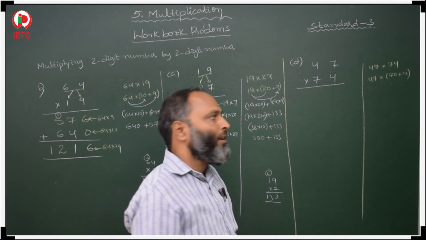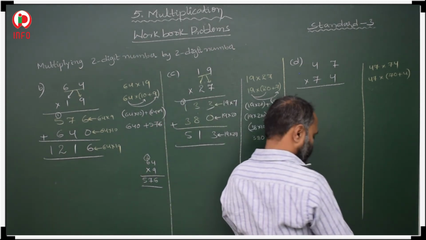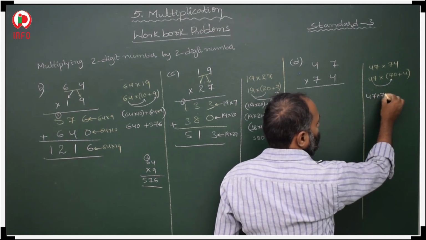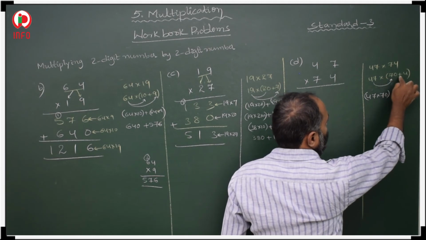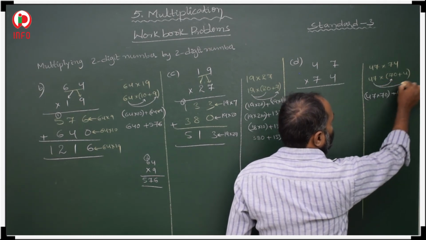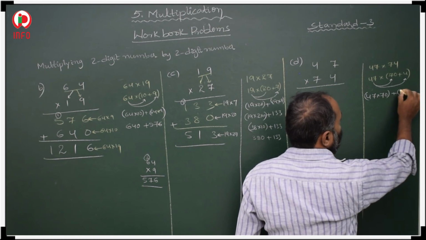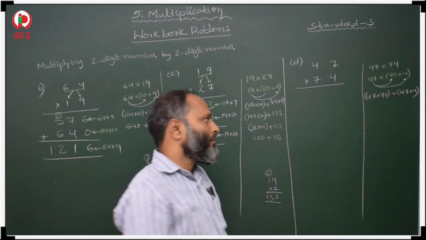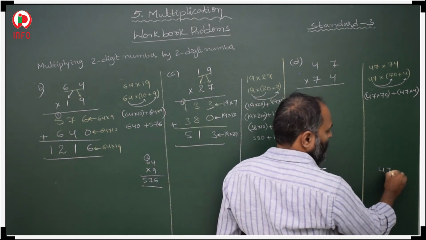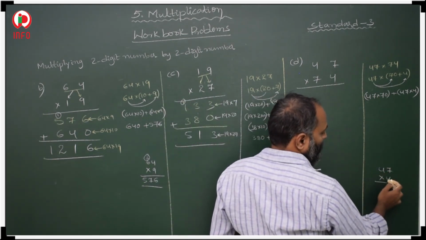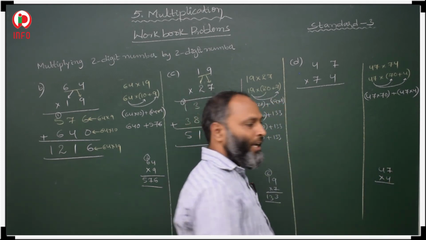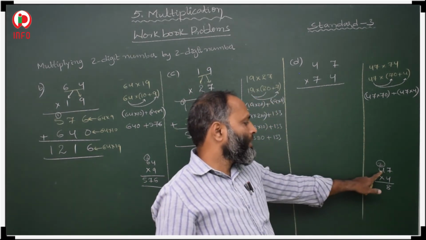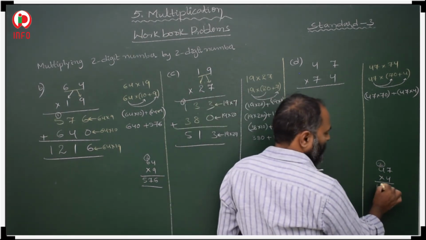According to our distributive law, 47 into 70 plus 47 into 4. First 47 with 4: 4 sevens are 28, 8 here and 2 here; 4 fours are 16, 17, 18. So 188.